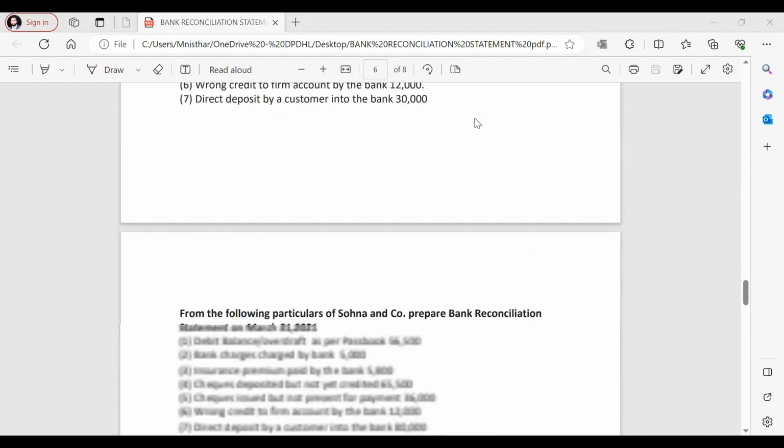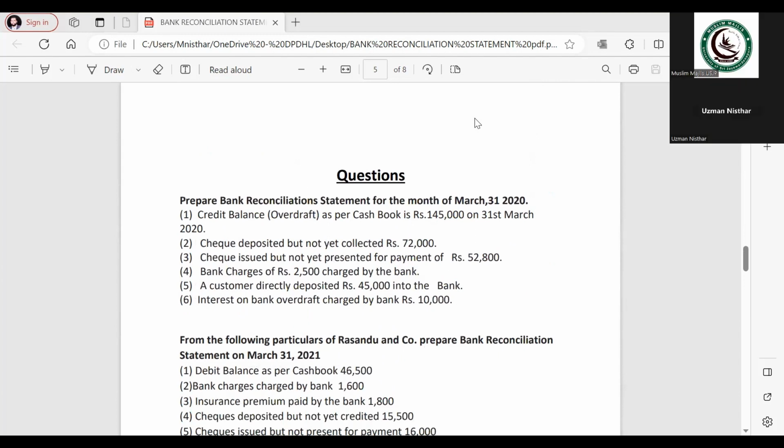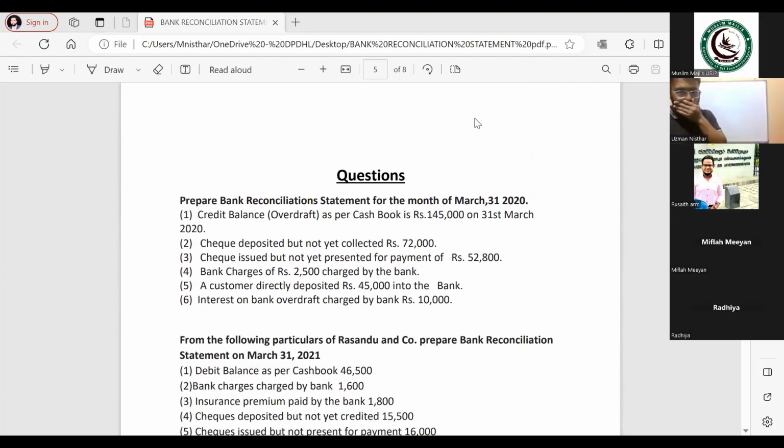Let's try some questions. First of all, we have: prepare the bank reconciliation statement for the month of March, 31st of March 2020.